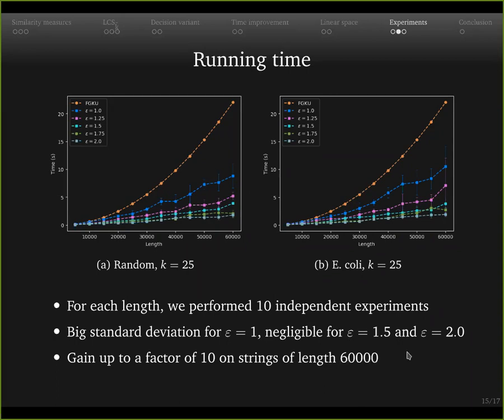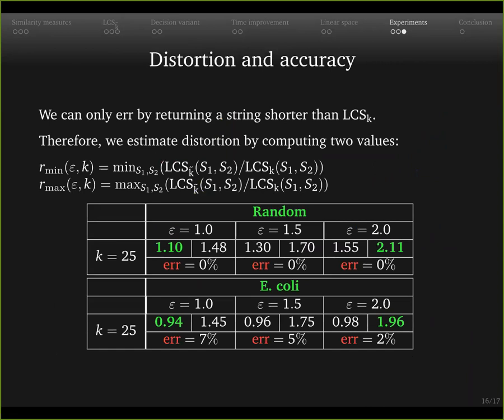However, as Flouri gives an exact solution and we give an approximate solution, we cannot only compare the runtime, there's also the distortion and accuracy. We can start by noticing that we can only err by returning a string shorter than LCSk. We cannot have a string that has more than k(1 plus epsilon) mismatches. Therefore, we estimate the distortion by two values, Rmin and Rmax, which are the minimum and maximum of the ratio between LCS approx k and LCSk.